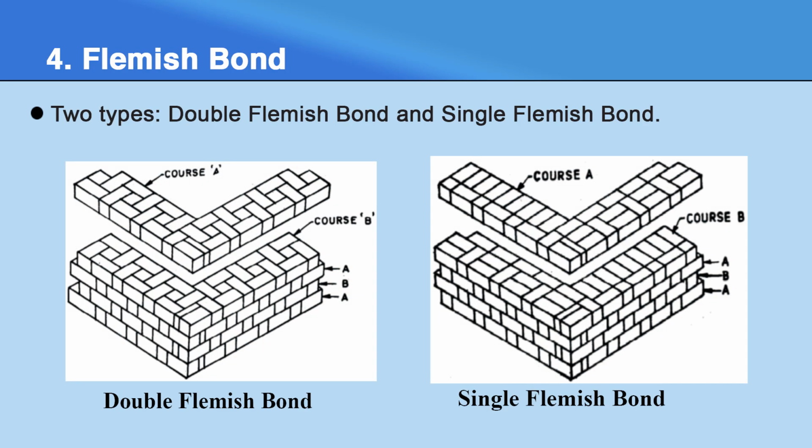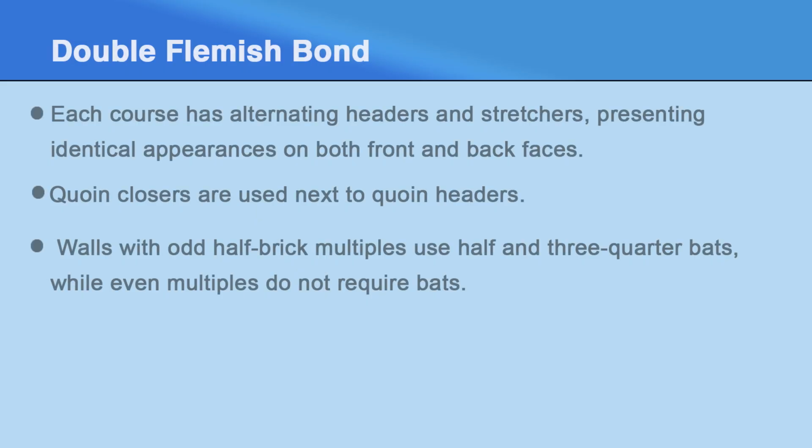The Flemish bonds are characterized into two types. Number one, double and single Flemish bond. The first one, the double Flemish bond. In a double Flemish bond, each course has alternating headers and stretchers, presenting identical appearances on both front and back faces.